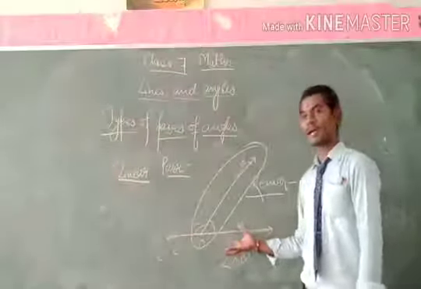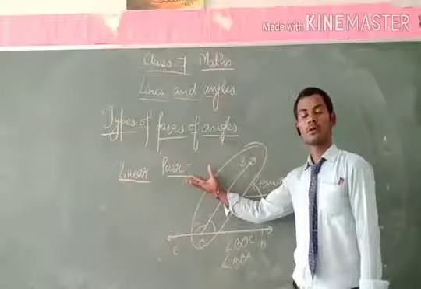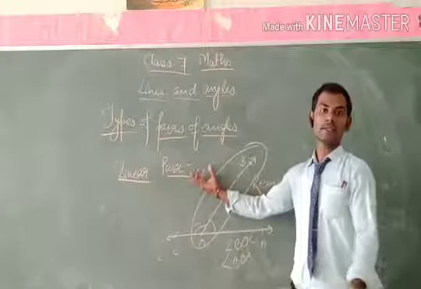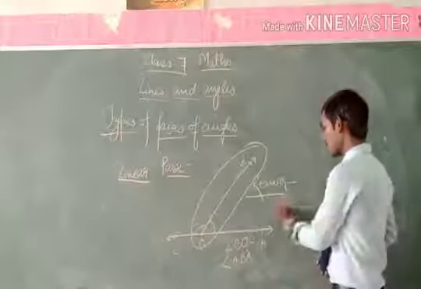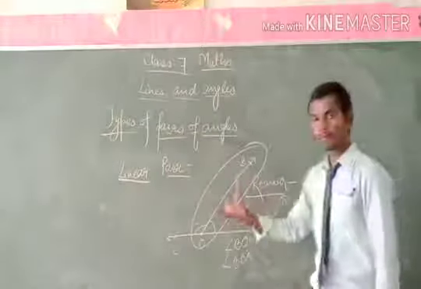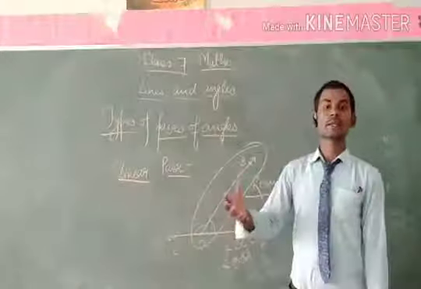So we say that a linear pair forms adjacent angles.